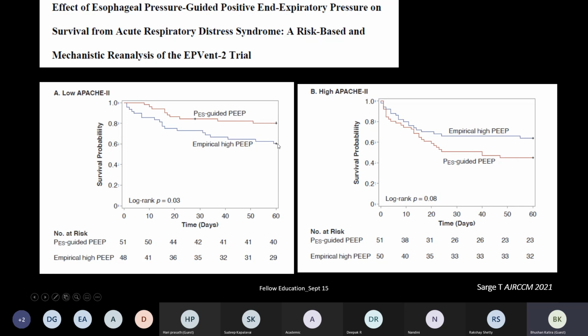Whereas the empirical high PEEP, which is the high PEEP FiO2 table, was the same in both groups. This probably gives an idea that not in very sick patients, maybe using esophageal balloon manometry is a good point.